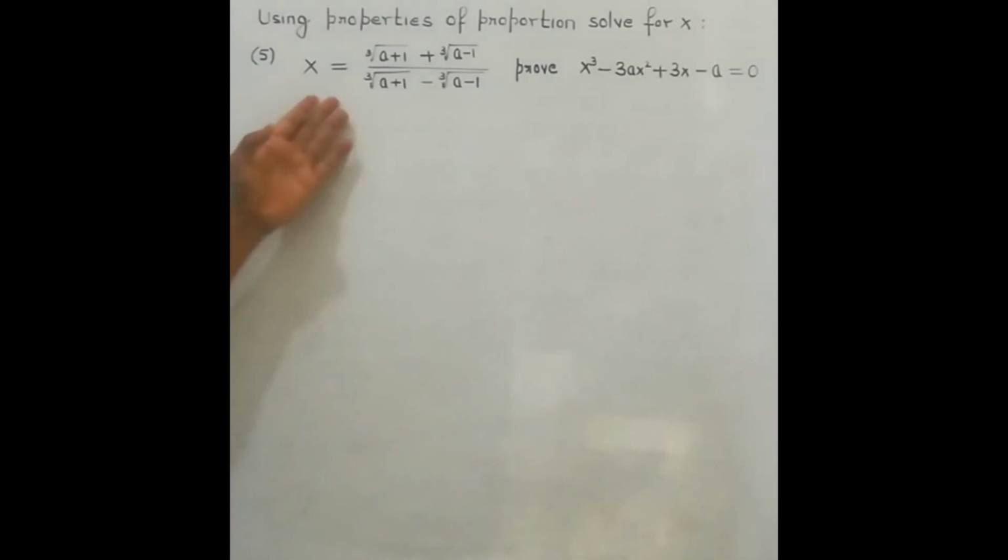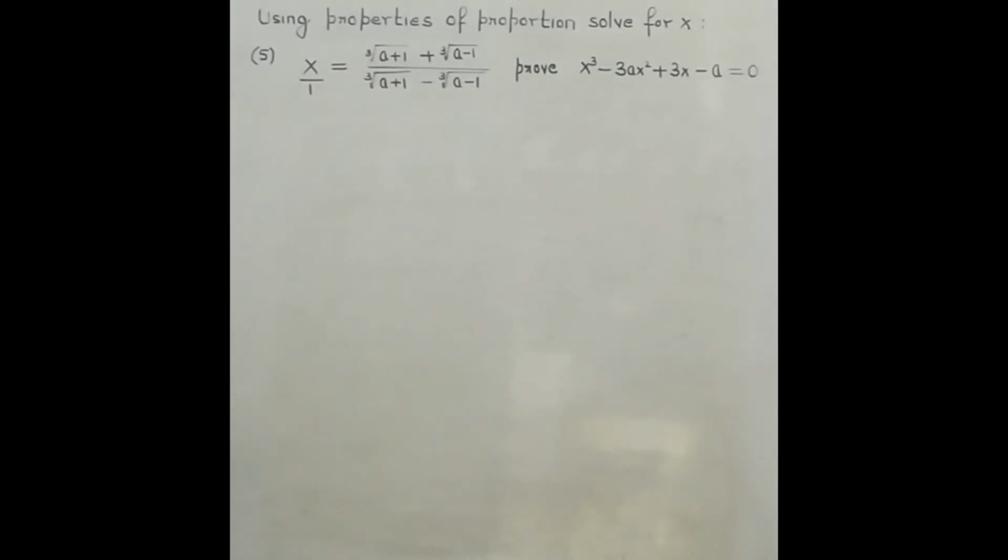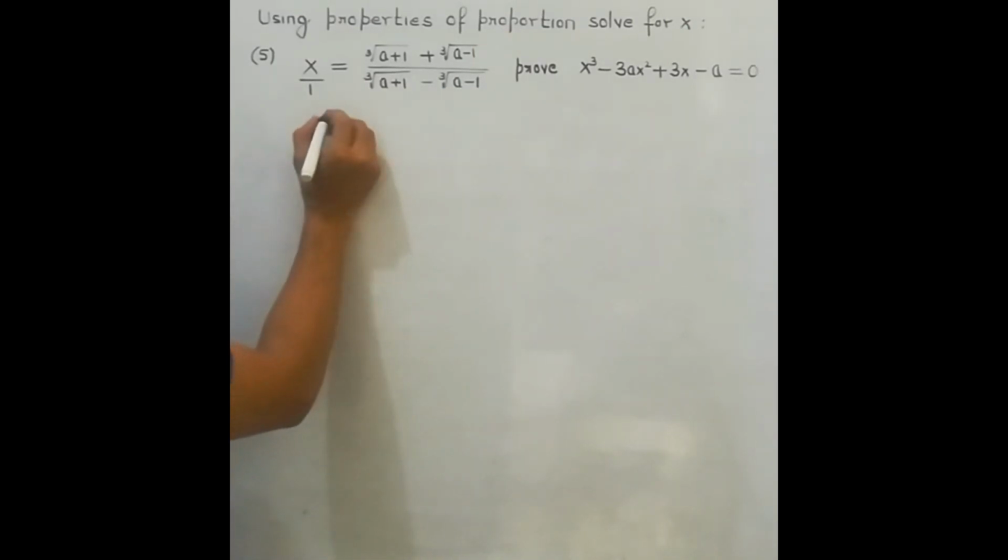Now see in this question number 5. Now the left side is x, so we can consider it as x upon 1. Now to reduce it, I am going to apply componendo and dividendo.